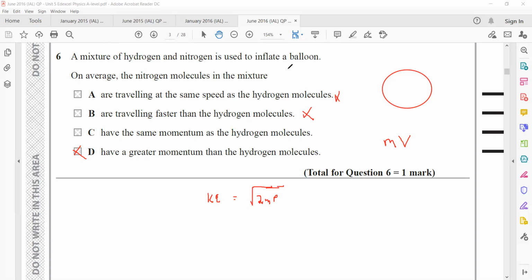So they have a greater momentum as compared to the hydrogen molecule. So the only statement which is true is D. Is it clear?